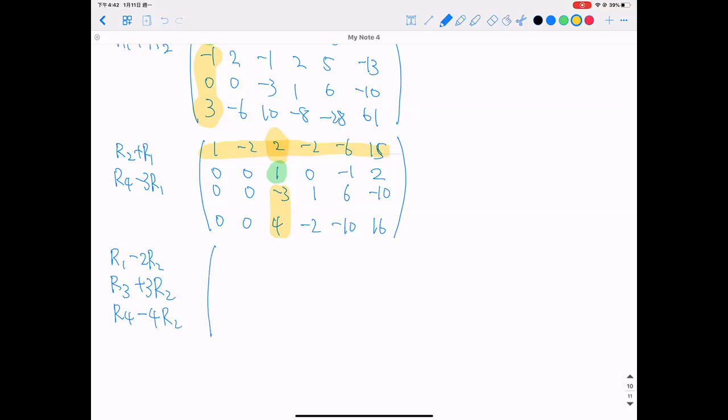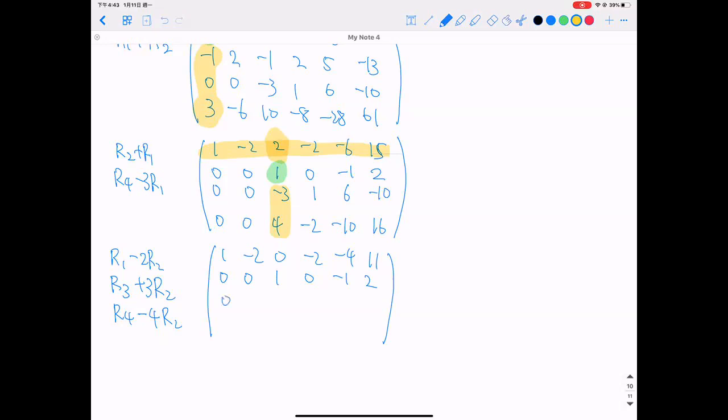And what do you get? R2 remains the same, everybody else changes. Let's just be a little bit quicker and agree that the answer is 1 minus 2, 0 minus 2, minus 4, 11. Okay.